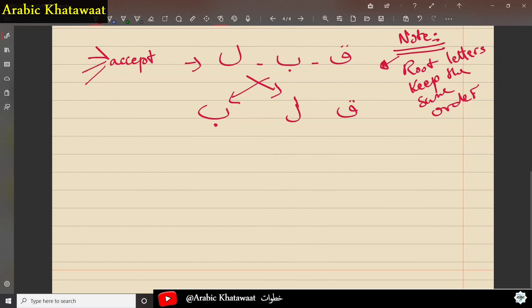And then qalaba is flip something, flip it around. So totally different meanings. That's why you have to keep the exact same order of the root letters. And I'll explain why this is very important when it comes to looking for additional vocabulary using dictionaries and other resources.